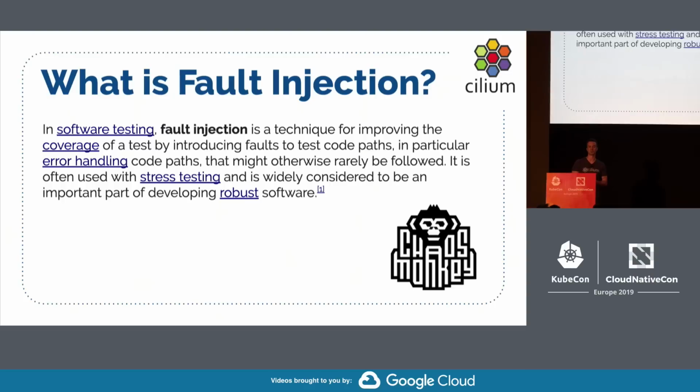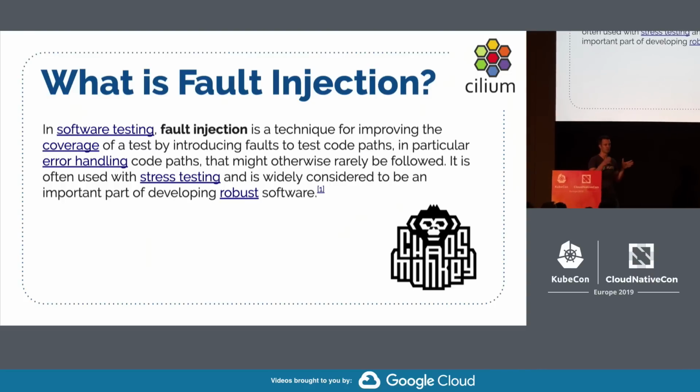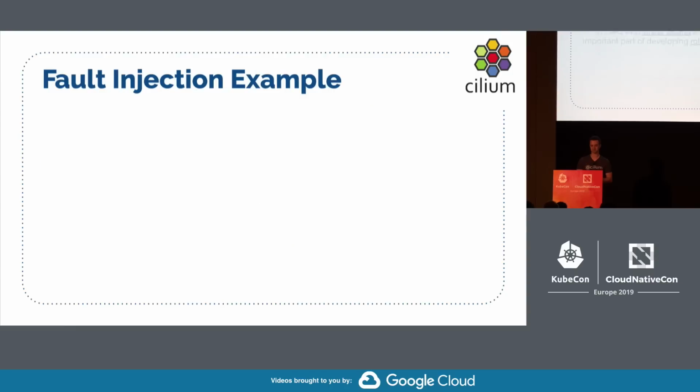That's what we focus on today. Fault injection is really important, as you can test how your software behaves on faults, and more importantly on combined faults, so multiple components failing at the same time. We'll dig into that in more detail.